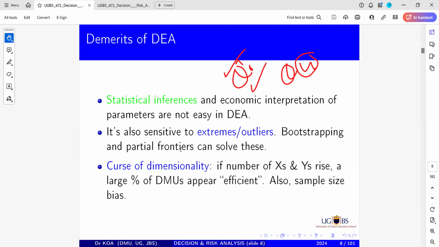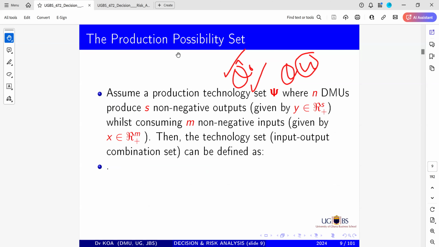If they are less, the dimensions on which these DMUs are seated are few, and so it makes the DMUs be held very well. And the curse of dimensionality is always a problem for DEA because sometimes you don't have all the data. And so you can have issues of sampling variations, sample biases and other things. So, as with most of these things, bootstrapping can help handle the issues.